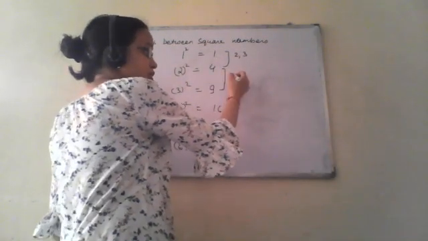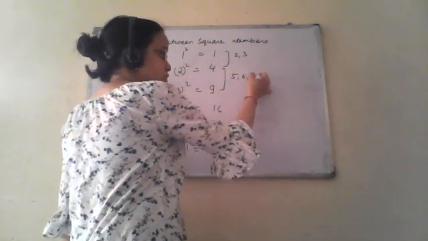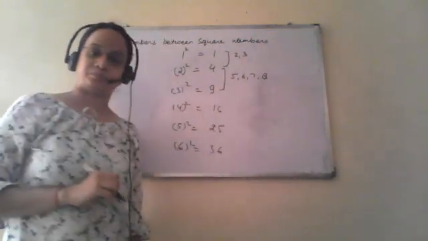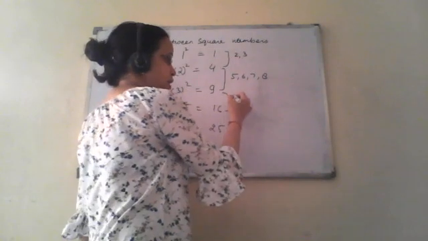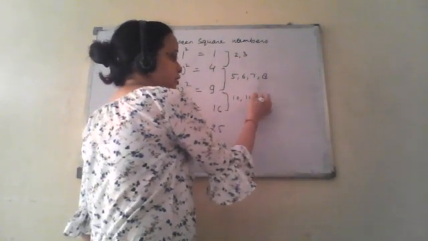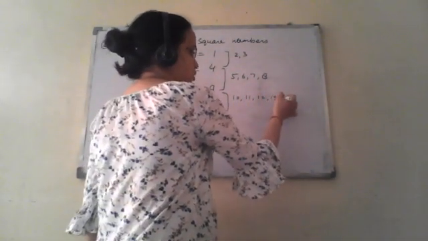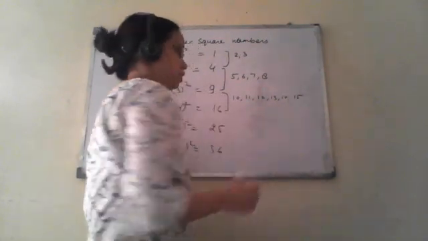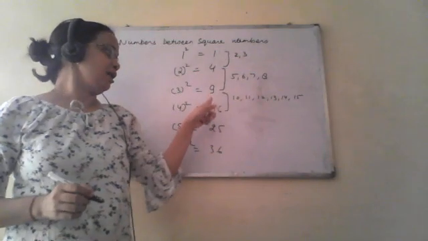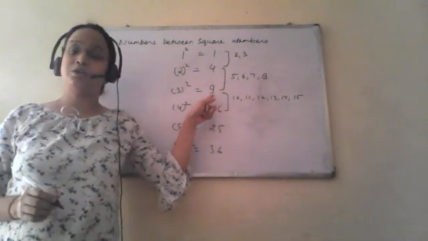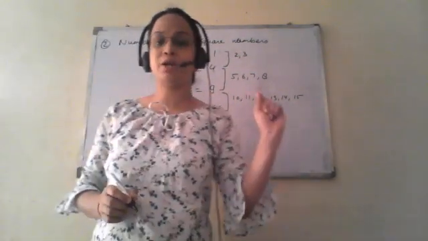That is 5, 6, 7, 8. Between 9 and 16, there are 10, 11, 12, 13, 14, 15. So there are 6 non-square numbers between 9 and 16. Both 9 and 16 are perfect squares.